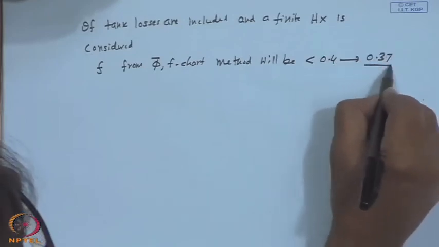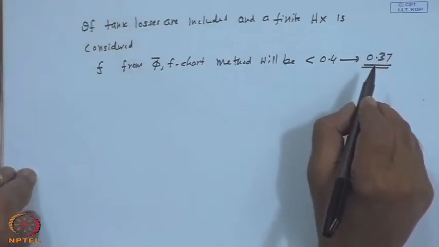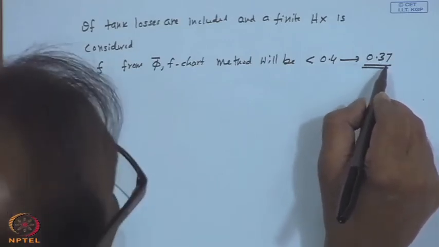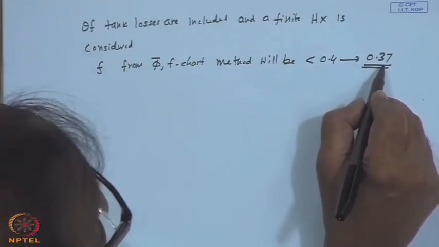Of course, 0.37 also is slightly inflated, because the storage is higher, we can do the same thing for the F chart method also. So, these values are quite comparable.